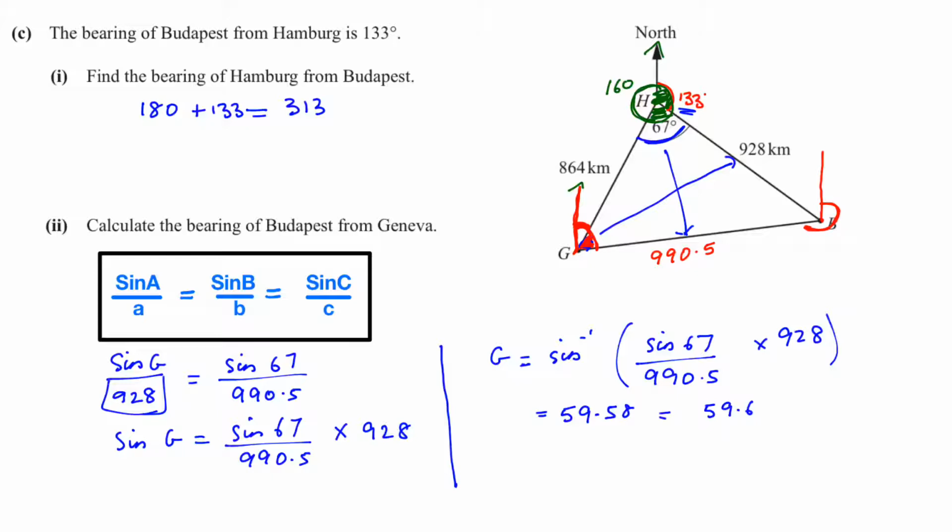So if this is 160, H is 160, G is going to be 20, 160 minus 20. Therefore, the bearing is going to equal 59.6 plus 20, which is 79.6. I hope you understood how we got 160. From 360, we subtracted 133 plus 67 because angles at a point equal to 360.